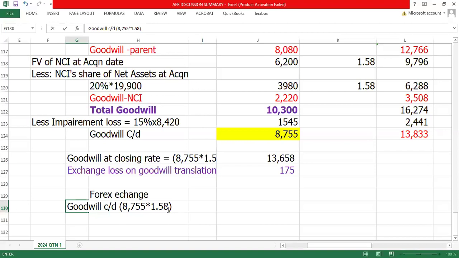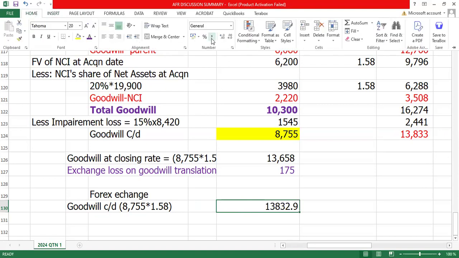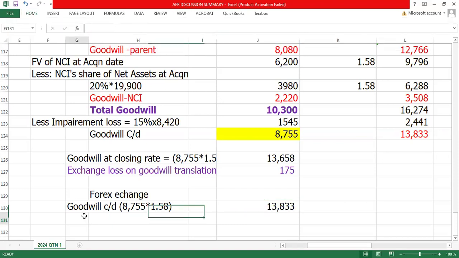Which should be giving you this. If I round off to the whole number, it is giving you this. Then also compare it with the goodwill at reporting date, at closing rate, which is 1.56. It gives you what?